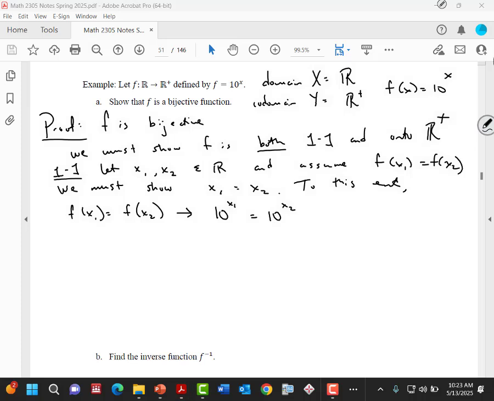If the bases are the same, then the exponents have to be the same. So this happens if and only if x1 equals x2. Thus, f is 1 to 1.